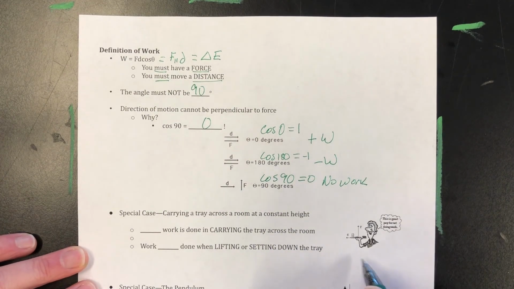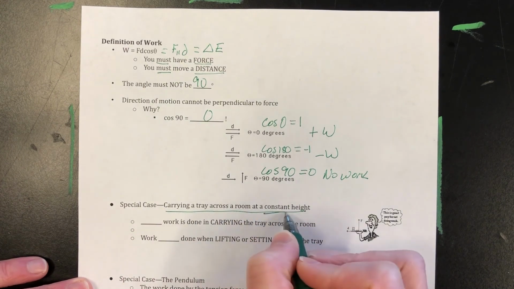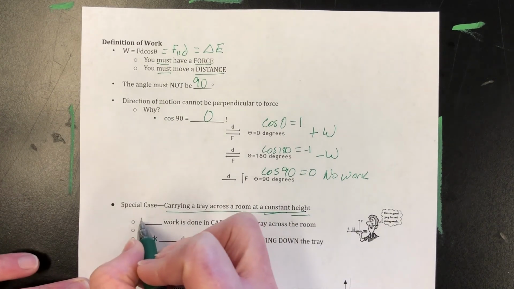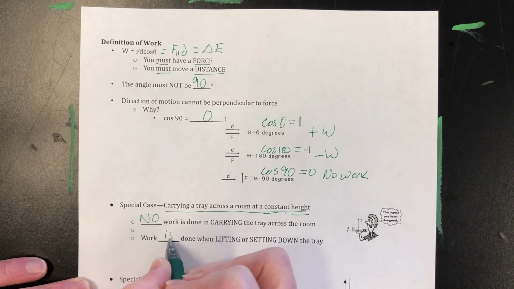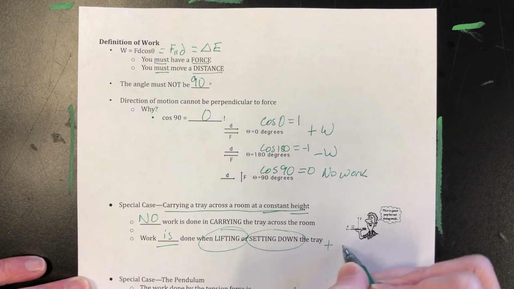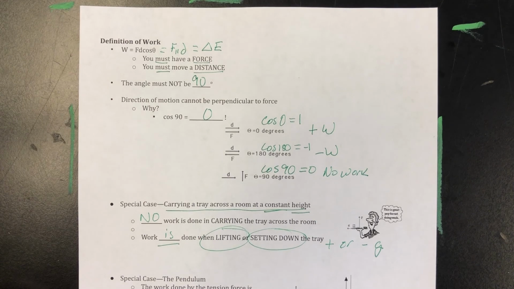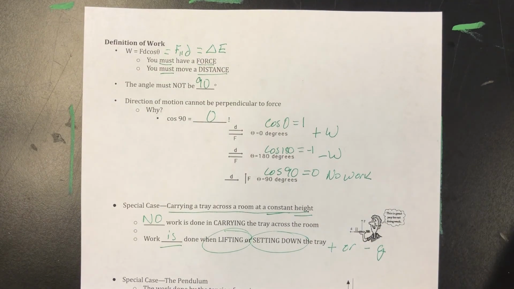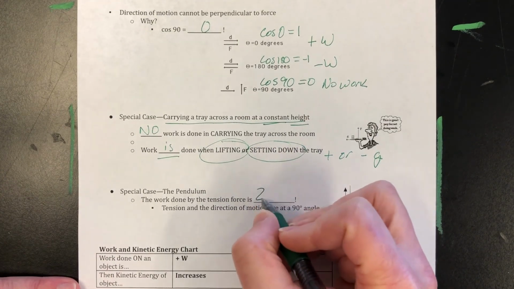There's a special case, we've talked about this one in class a little bit, but if you carry a tray across the room at a constant height, there is no work done when you're carrying that tray across the room. Work is done when you lift or set it down because you're going either with or against gravity, and that's what you'll see. When we look at the pendulum, the work done by the tension force is actually 0.